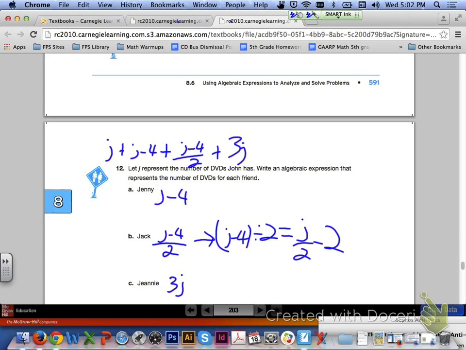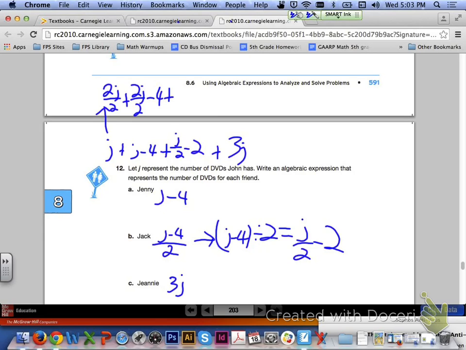Okay? So I'm going to change that real quick in our expression. Now, hopefully, by now you've started to pick up the trend. If we're going to convert these to having a denominator over 2, this would be 2j over 2. J again would be 2j over 2, so 2 of those. Minus 4 would stay the same.